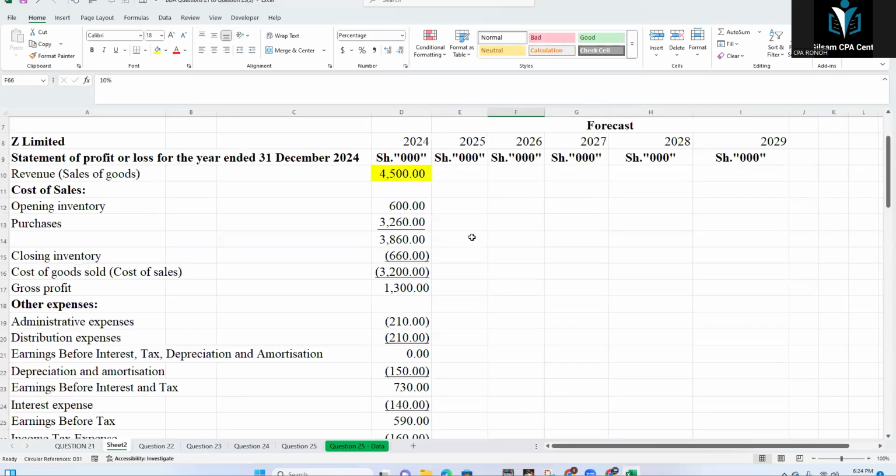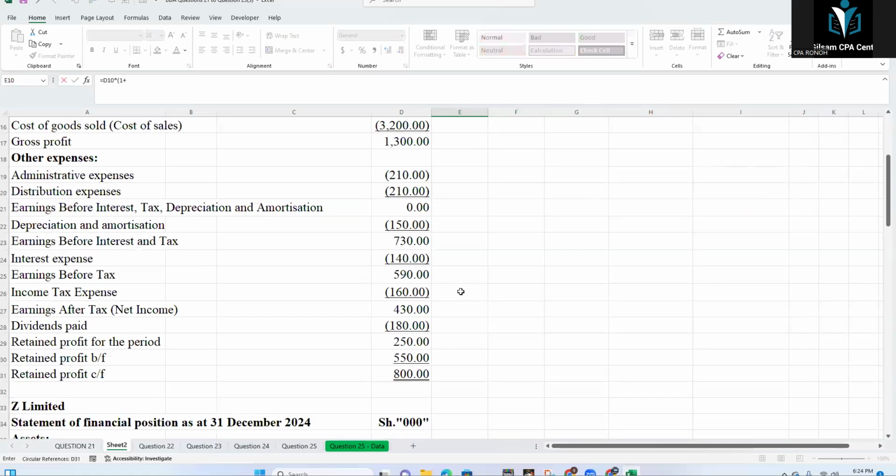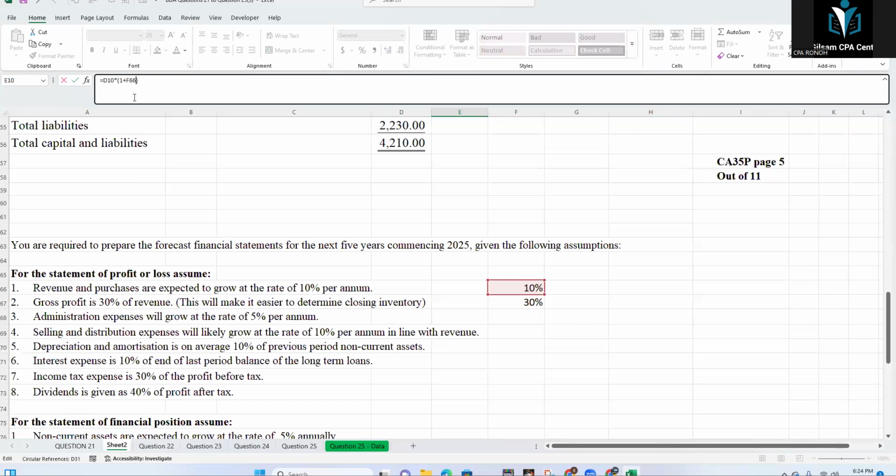For purchases and revenue, I will say equals this multiply, open the bracket, say 1 plus the percentage which you are getting here, which is 10%. Close the bracket. Now, we remind ourselves what we learned about F4.